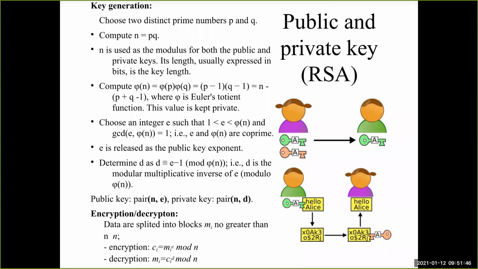So then we calculate something. We multiply these numbers, so we calculate n, and we calculate something which is called Euler's totient. So we calculate the multiplication (p minus 1) times (q minus 1).